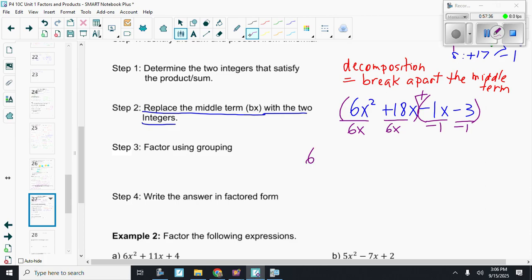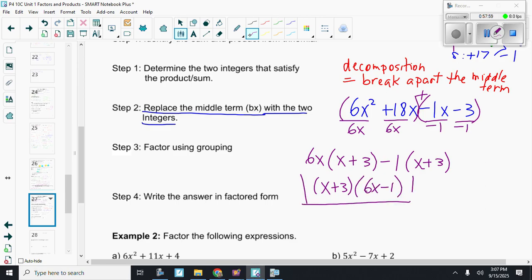So we're left with 6x, x plus 3, and we're going to go minus 1, x plus 3, and then x plus 3, 6x minus 1. These are all equals. And then write the answer in factored form. So we factored using grouping, and then we wrote our answer in factored form.